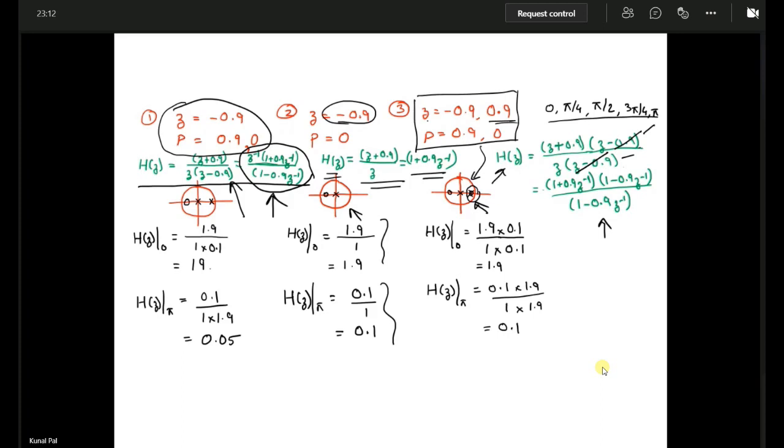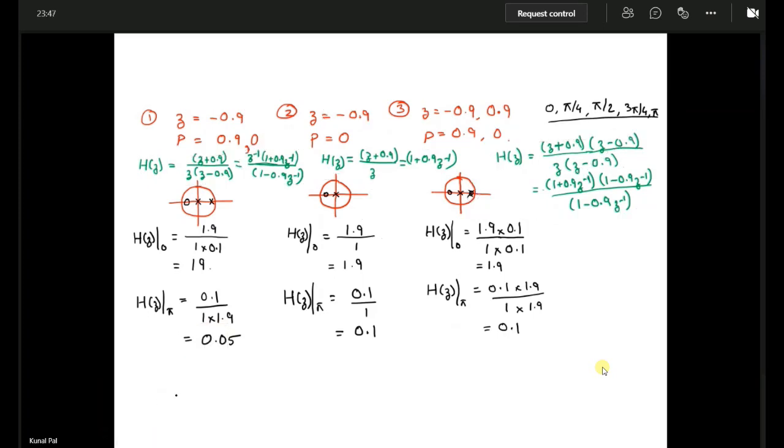So please be reminded, if I give you the locations of the poles and the zeros, you have to find the transfer function using all the poles and zeros, and do not cancel out the overlapping components. Otherwise, your answer would be incorrect. Am I clear to all of you? Yes, sir. Good.